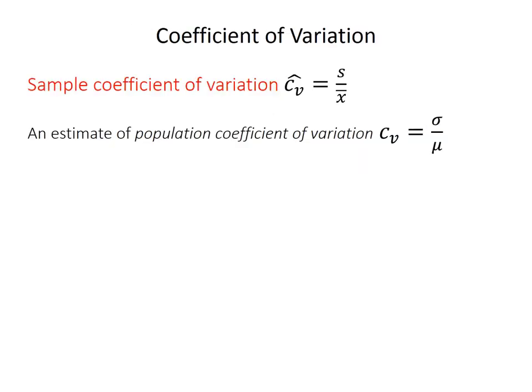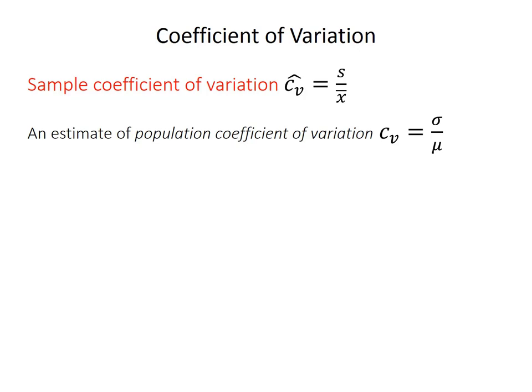We can avoid the fact that the variance has some relation to the mean by calculating something called the coefficient of variation, which is just the standard deviation s divided by our sample mean x bar. Again, remember that we're always using a sample to estimate parameters of the larger population.